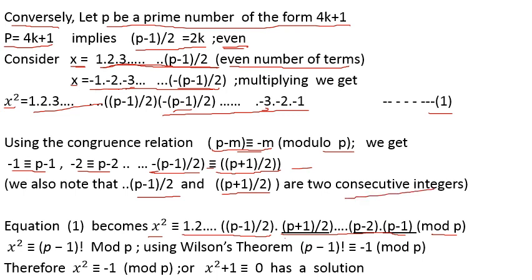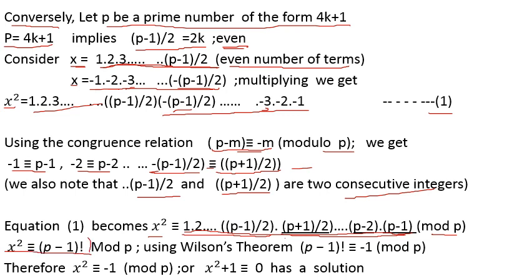There is no other integer in between. Which means in this big product we are considering all integers from 1 to p minus 1. Which means x square is congruent to p minus 1 factorial modulo p.